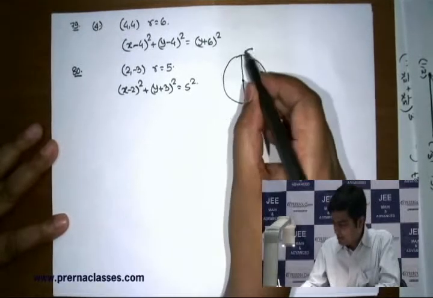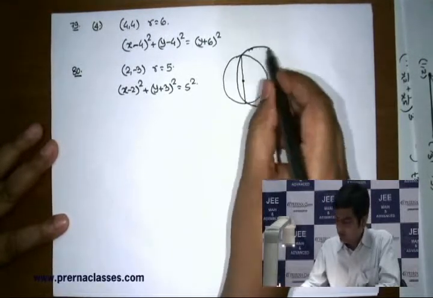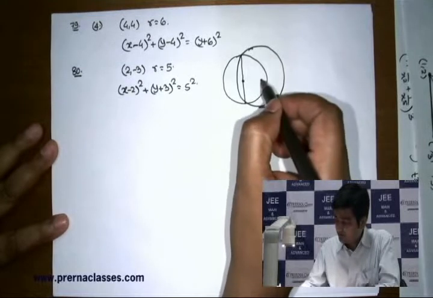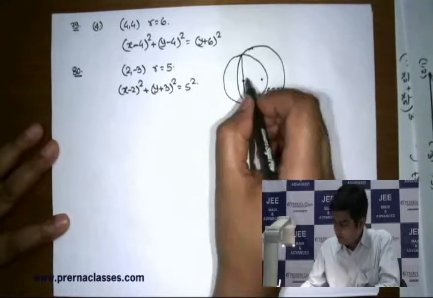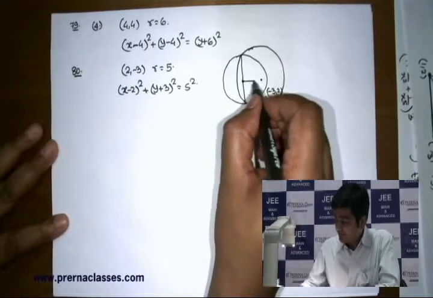It's being told that the diameter of this particular circle is a chord of some circle whose center is at (minus 3, 2).